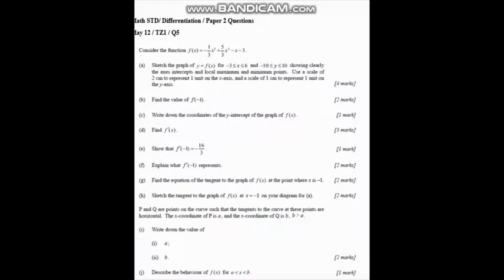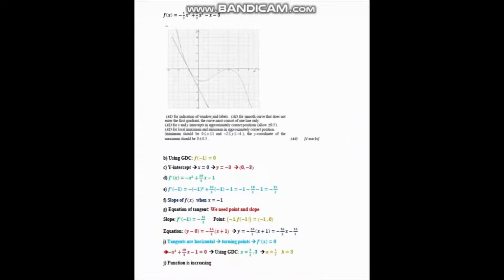So in H, I'm required to sketch the tangent to the graph of f at x equals -1. So I just need to write the equation down on the GDC. So I've changed my equation a little bit. I've just expanded this bracket in order to have an equation that I can write down on my GDC.